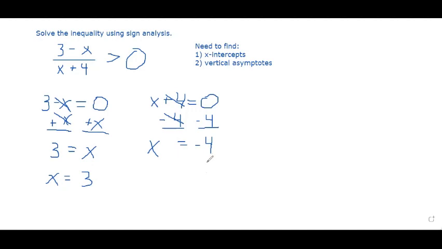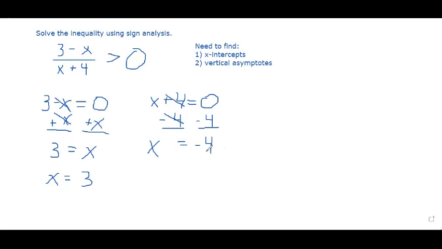And also with the vertical asymptote, depending on the type of function that we have, at a particular vertical asymptote, the function may switch from being below the x-axis to above the x-axis, or above the x-axis to below the x-axis, on the left or right sides of the vertical asymptote.